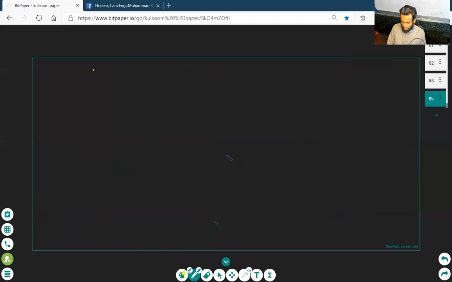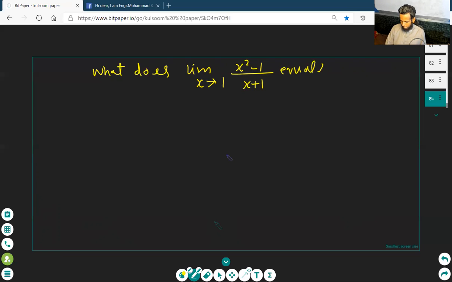Limit of x square minus 1 upon x plus 1 equals, for example, you should understand it. Limit meaning is that we will approach to one from the left side and right side. If you understand limits, then find the value.